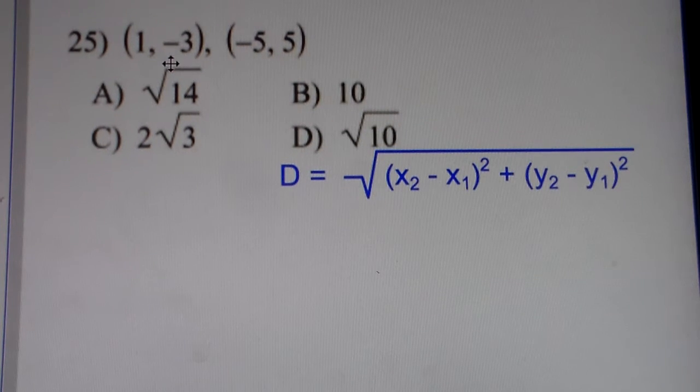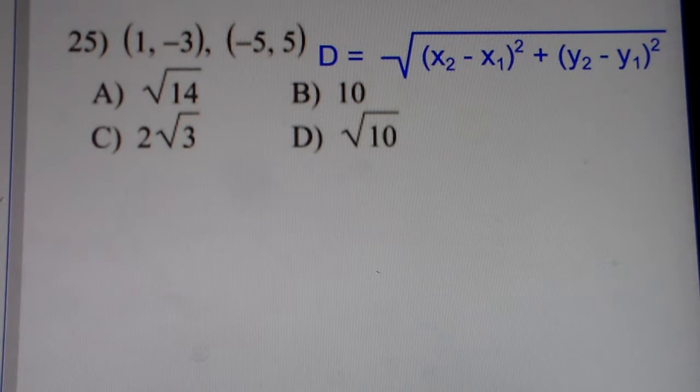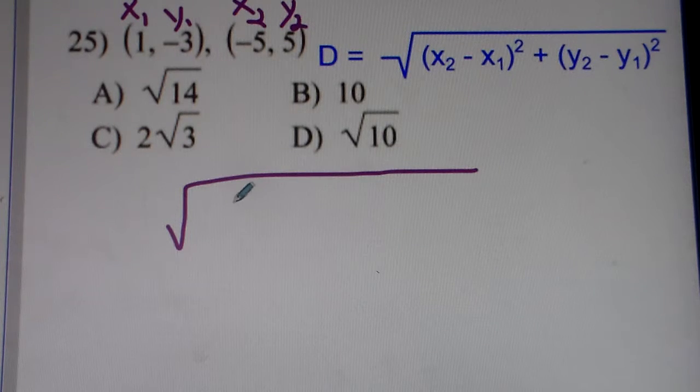We repeat the same process with number 25 here. So we're going to practice this a couple times. This is x1. This is x2. This is y1. This is y2. We plug them in appropriately. x2 minus x1, -5 minus 1 gets you negative 6. Negative 6 squared is 36.